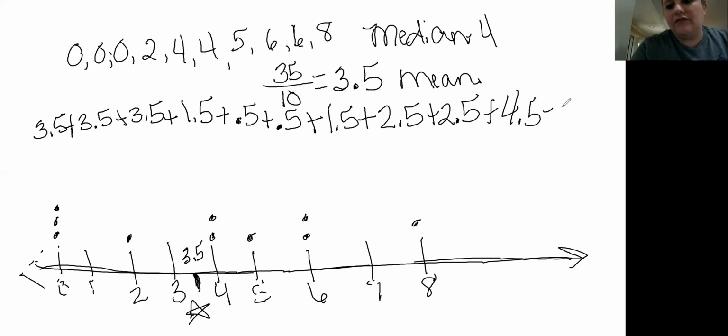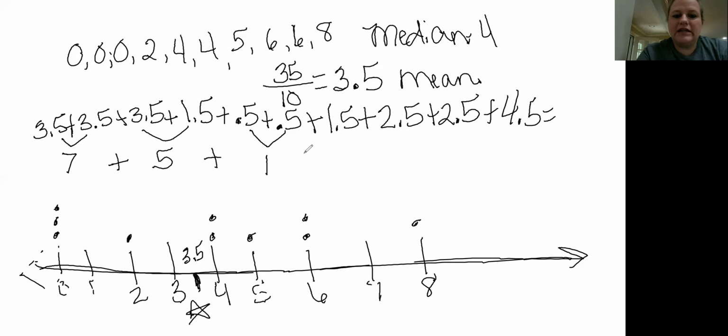Now, you may notice we have all these 0.5s. So what I like to do is go through and start combining again. 0.5 and 0.5 is 1. 3.5 and 3.5 is 7. 3.5 and 1.5. So 3 plus 1 is 4. A half and a half. These would be 5.